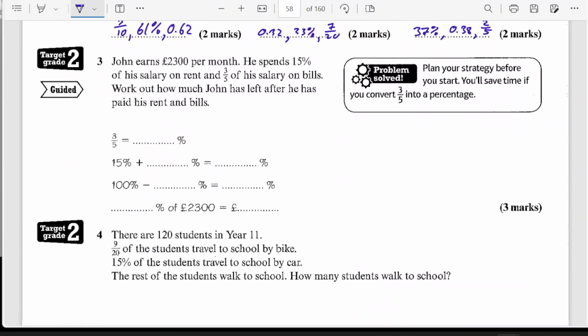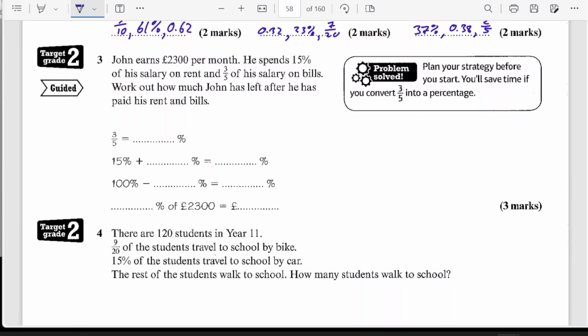Okay, question 3. John earns £2,300 per month. He spends 15% of his salary on rent and 3/5 of his salary on bills. Work out how much John has left after he has paid his rent and his bills. Do I agree with this scaffold? I can kind of see how they would do it. I'm going to do it myself, and then I'll do the scaffold after.